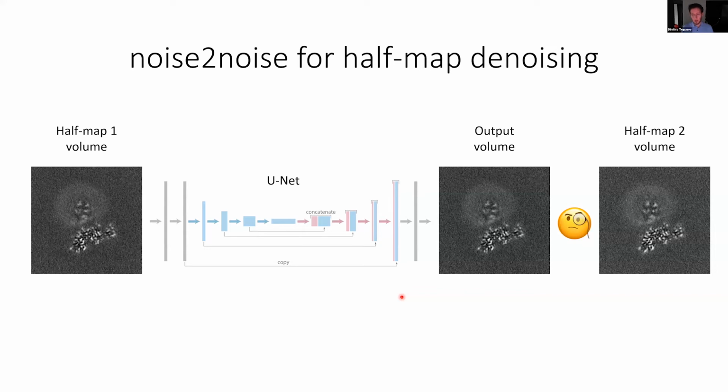And as we train it learns not to just generate the average of those two half maps because there are just not enough parameters in this deep learning model. Instead, it learns to denoise the map, which is a very nice side effect, which I did not expect when I first started this. And the denoised map is also very nicely, very smoothly filtered to essentially the local resolution.